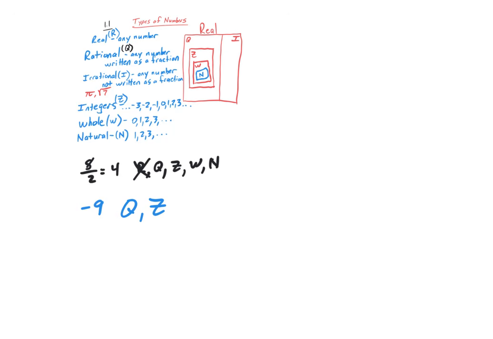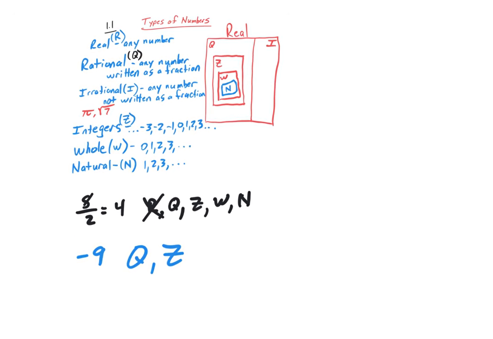All right, so where are we going to use some of these things? We're going to talk about types of numbers a lot, and you'll hear some of these more than others as you go through any algebra class that you take.